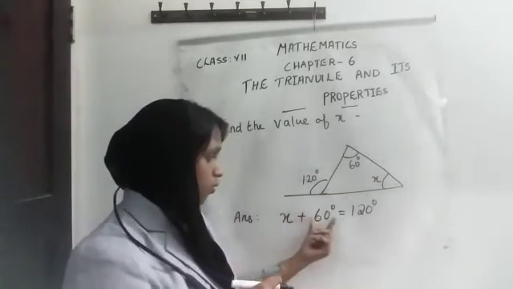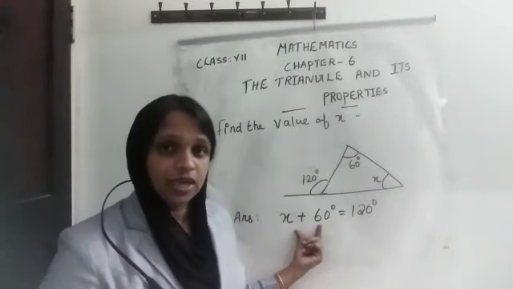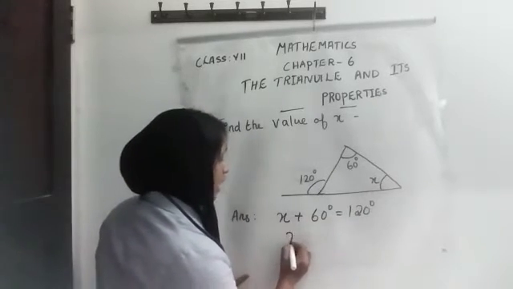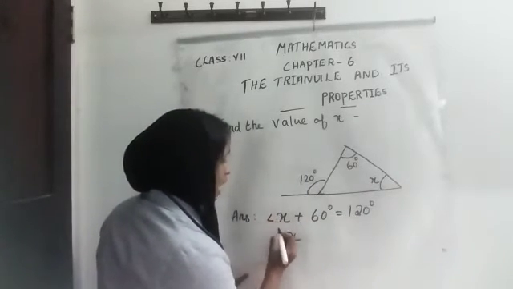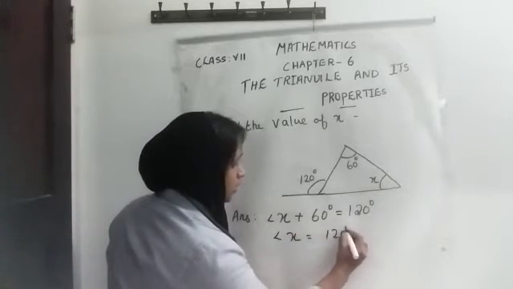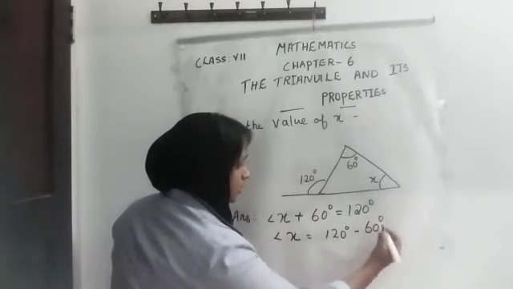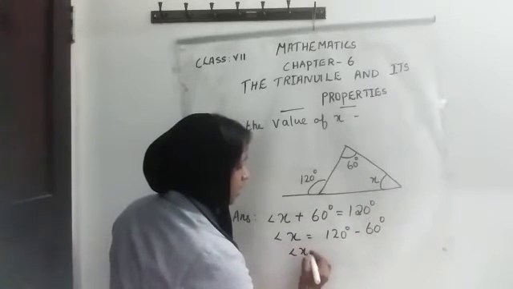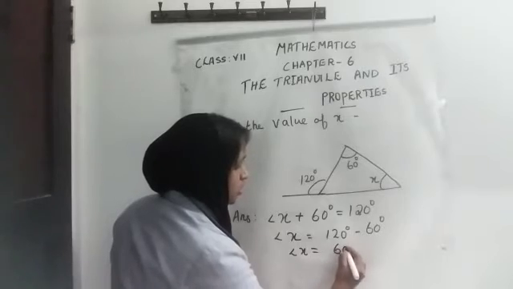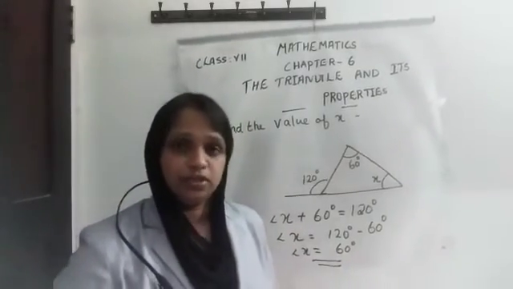Okay, so exterior angle is equal to sum of interior opposite angles. So we want to find x. That means angle x is equal to 120 degree, this plus 60 changes to negative 60. That means angle x is equal to 60 degree. Angle x is equal to 60 degree.